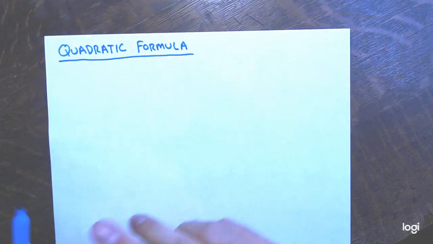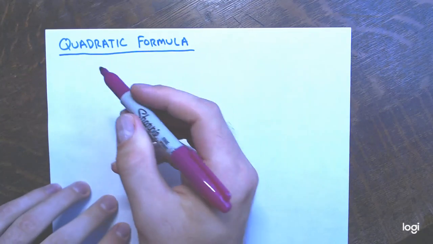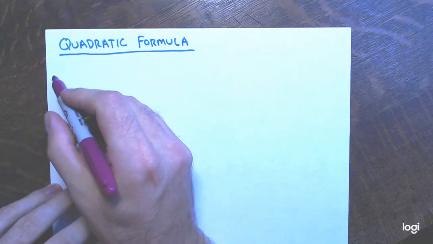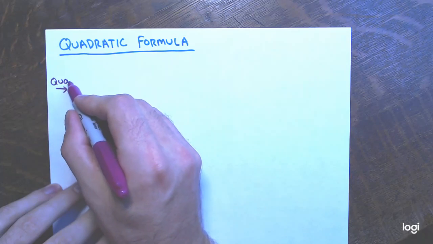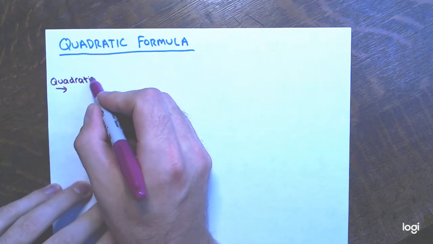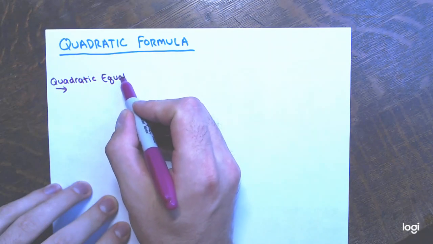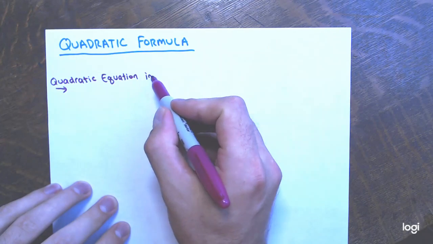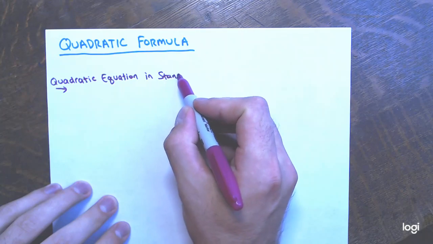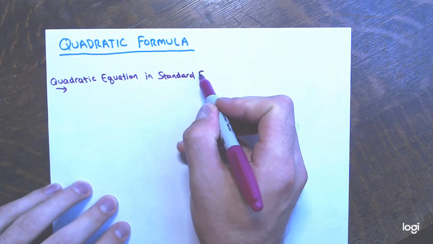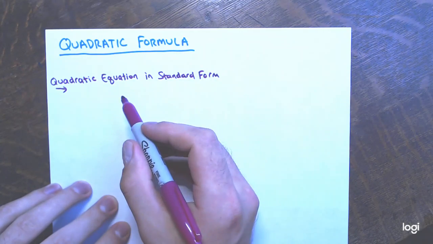Alright, so again, this is used for any quadratic equation. So here I'm going to write a quadratic equation in what's called standard form. And that's the following.